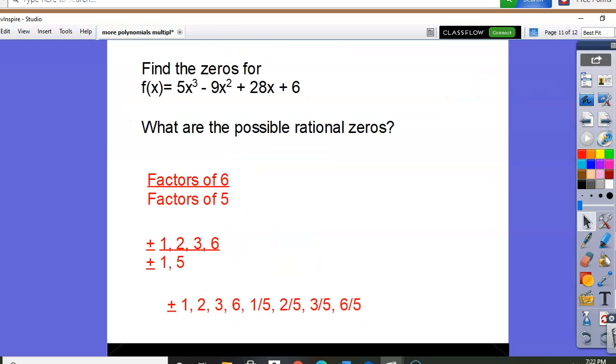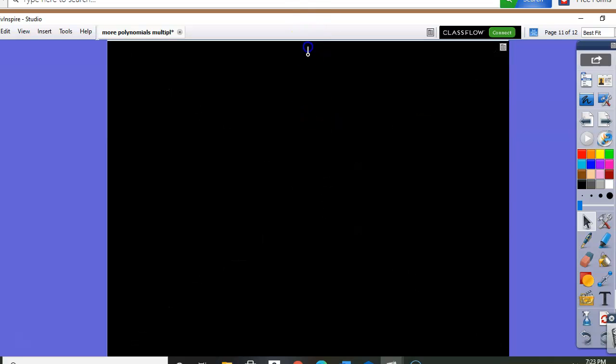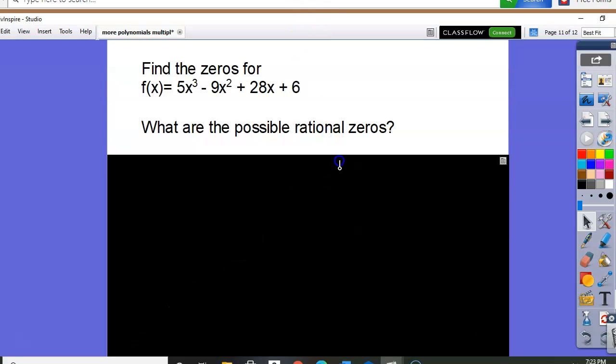Let's go ahead and take a look at another example. So I want to find my zeros for 5x cubed minus 9x squared plus 28x plus 6. So what are my possible rational zeros?